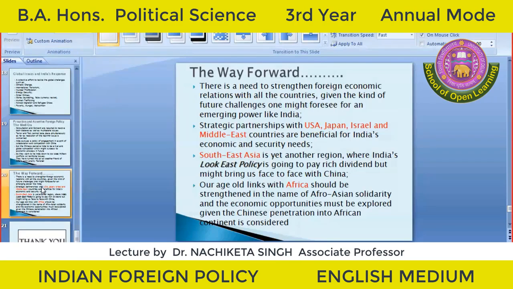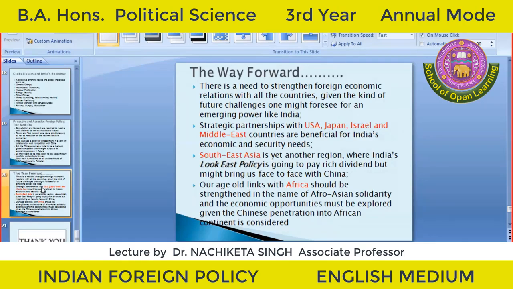So that's it. This is an overview of India's foreign policy since independence till now, and then we will shift to a new arena where we will discuss the determinants of India's foreign policy and objectives. Most of the objectives I have discussed in the course of my last 1.5 hour discussion with you.